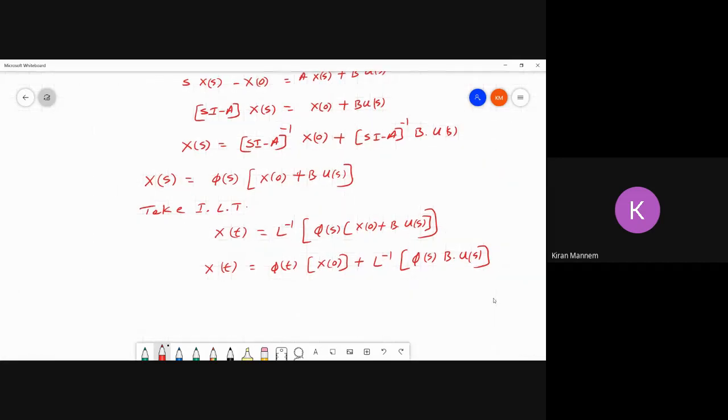Or if you apply the convolution theorem to this, you will get x(t) is equal to Φ(t) into x(0) plus the integral from 0 to t of Φ(t minus τ) B u(τ) dτ, right?